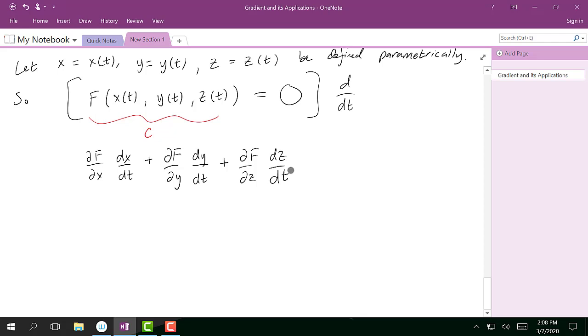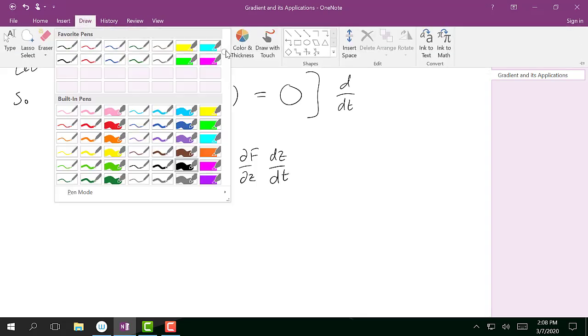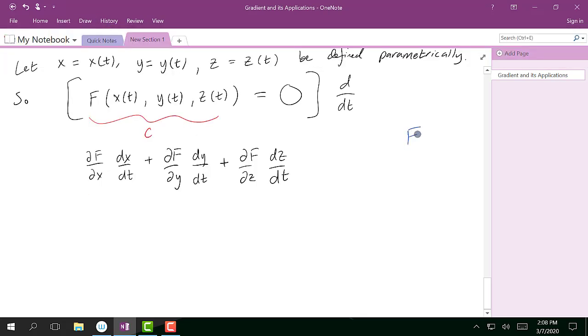And again, this is going to be the case because we have this specific tree diagram. We have F as a function of x, y, and z. And x, y, and z are all in turn functions of t. This is going to be 0 because the derivative of the right-hand side is going to be 0.